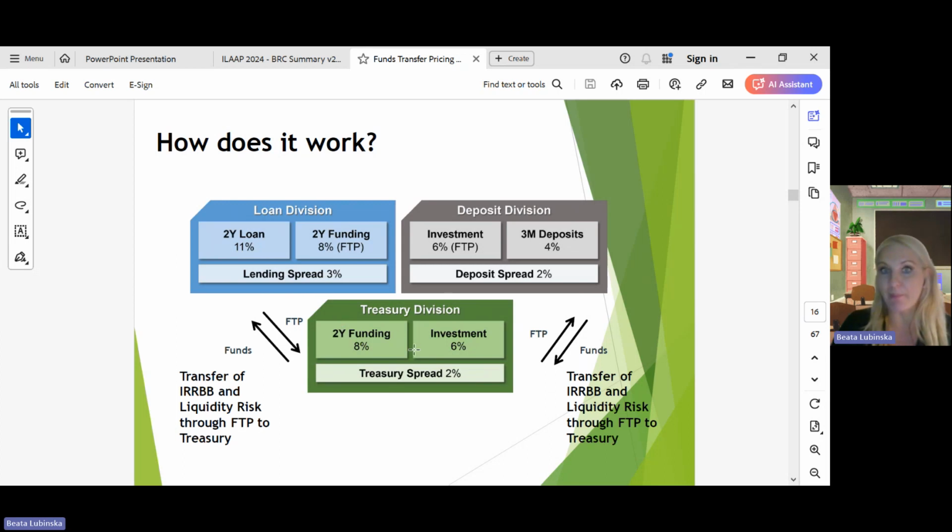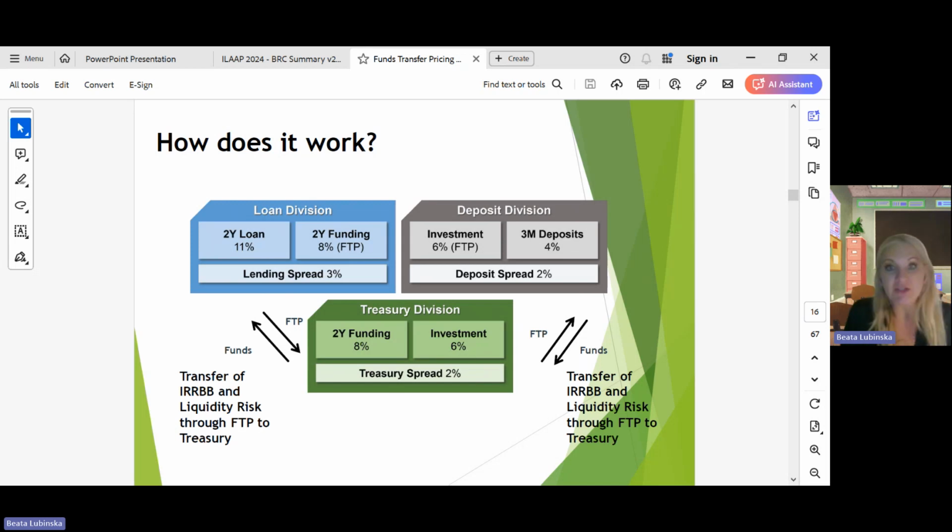At the same time, we are paying 3 months FTP for a liability. So you have 6% FTP, 3 months FTP. And the treasury spread is 2%, determined by the difference between 8% and 6%.